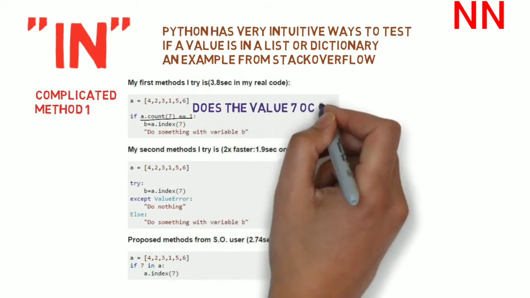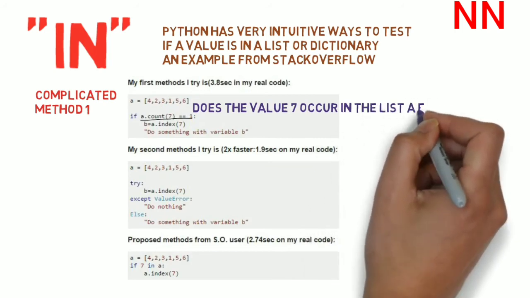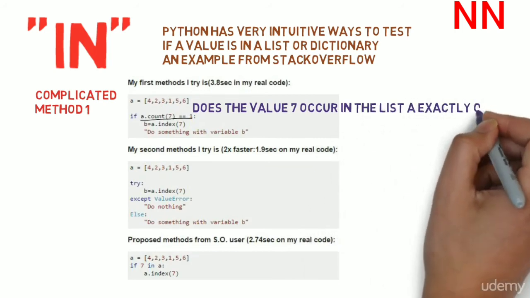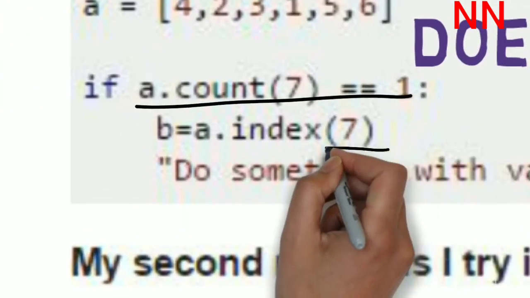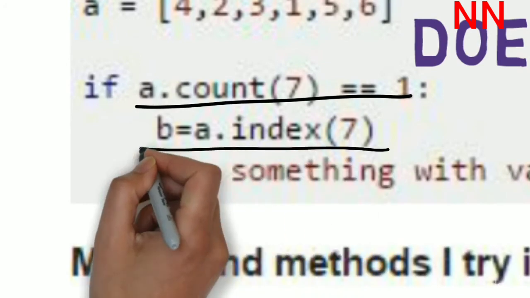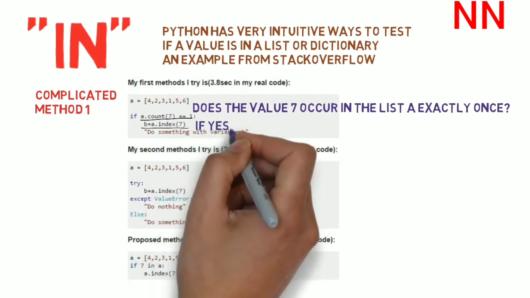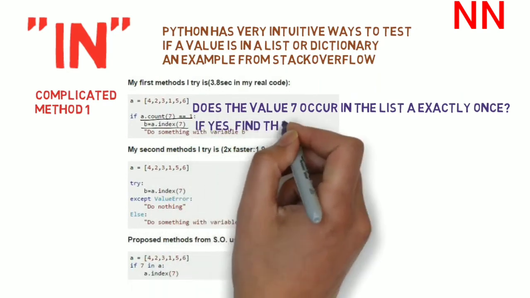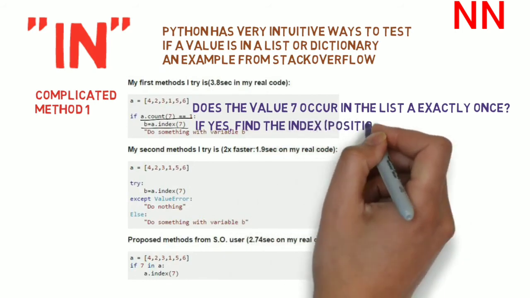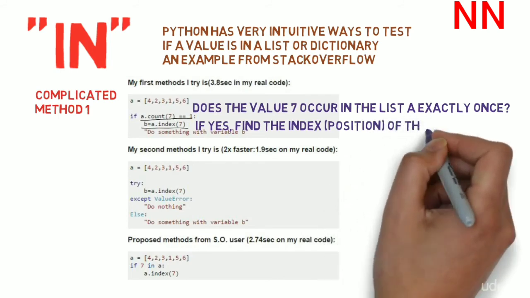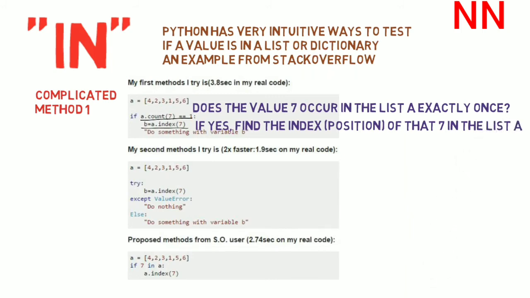There's an if statement which checks if the count of the value 7 is exactly 1 in that list, and if it is 1, then find the position of the value 7 in that list.